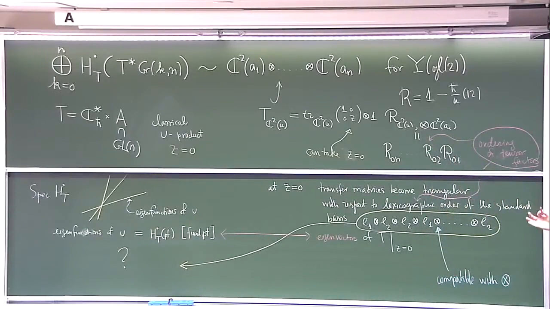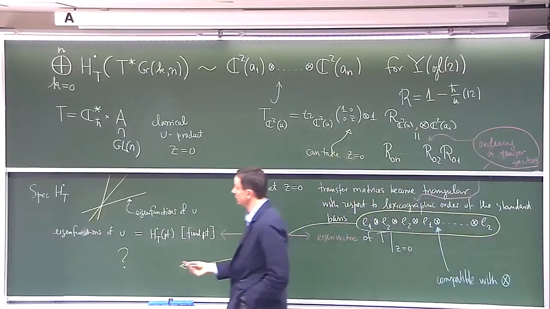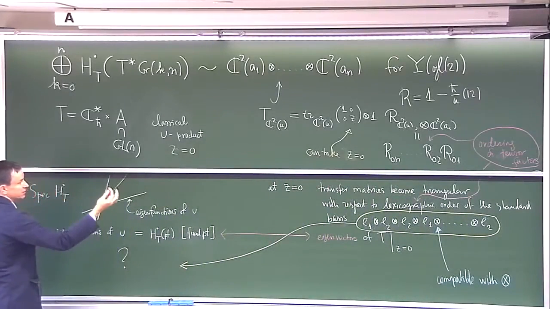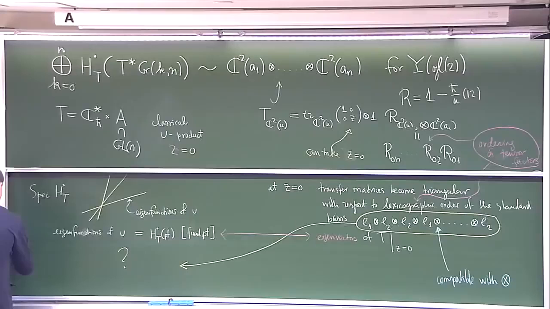And the corresponding notion on this side is a choice of attracting or repelling directions for this torus. It's the torus that acts preserving the symplectic form.